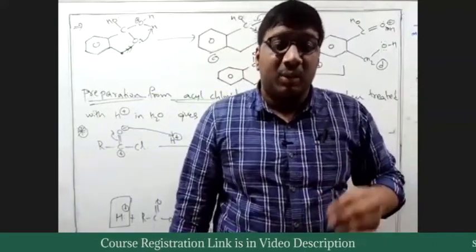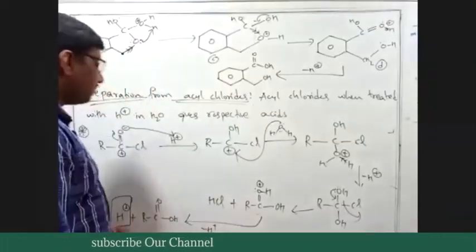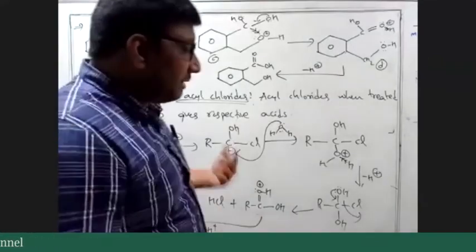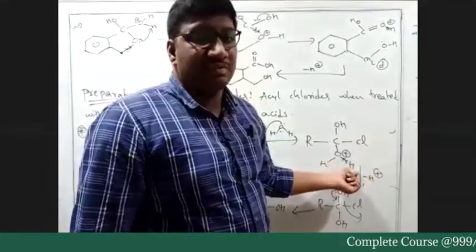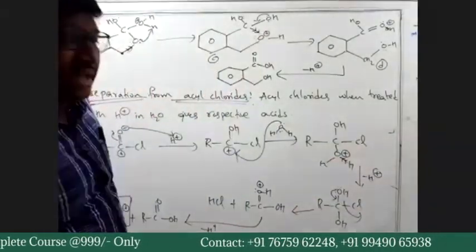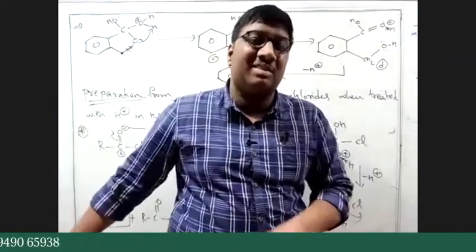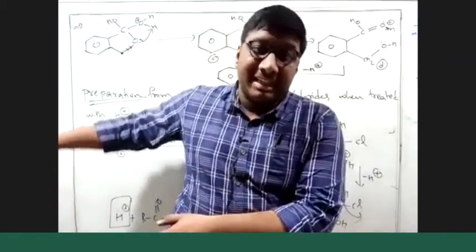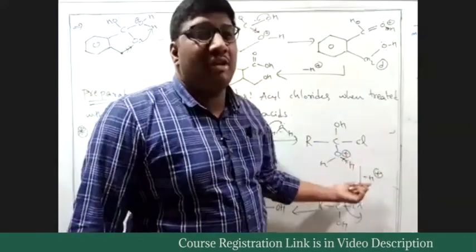But why am I saying this H plus is from H2O and this H plus is a regenerated one? Because the Cl will have a good interaction with this H, but it cannot have a good interaction with the H plus which is formed in the final step. Before that final step, we have a formation of HCl.